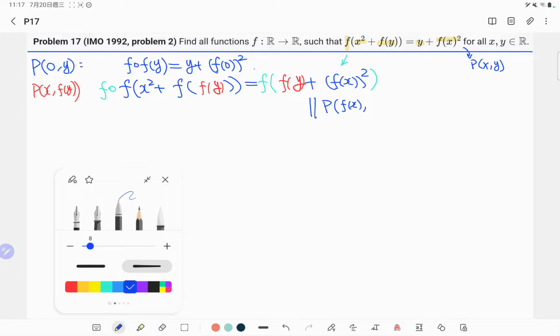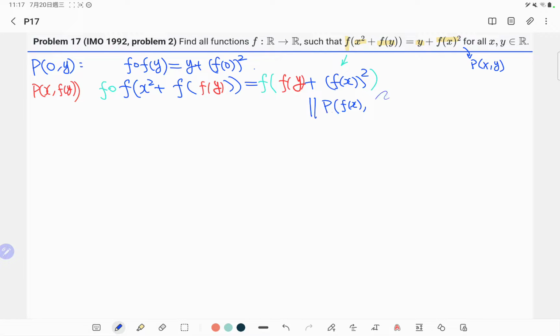Here we only need P(f(x), y), which is the left side of the original functional equation, and it should be equal to y + (f(x))².